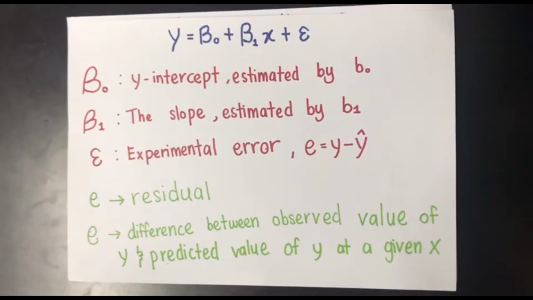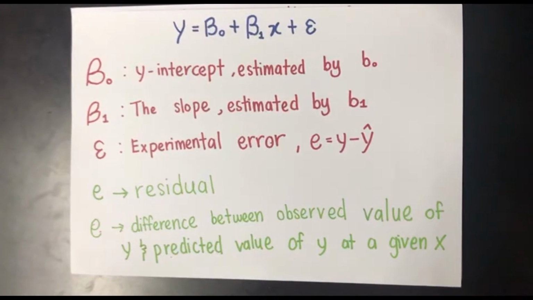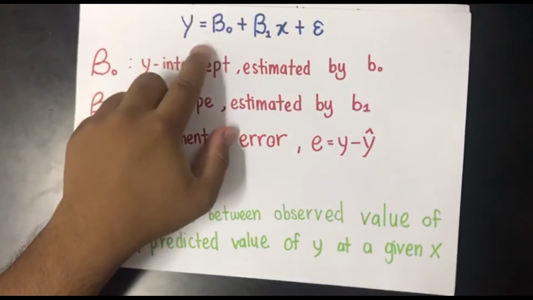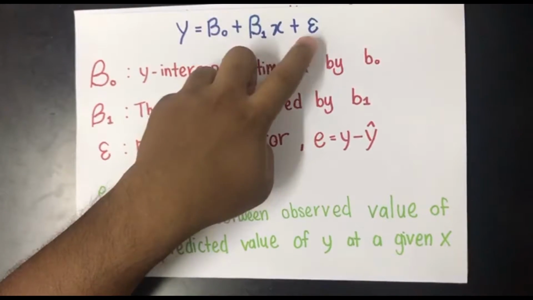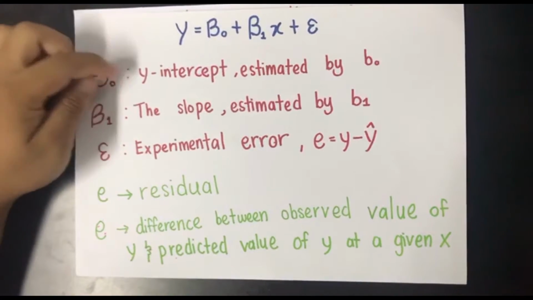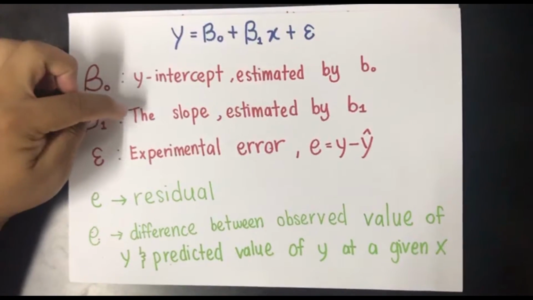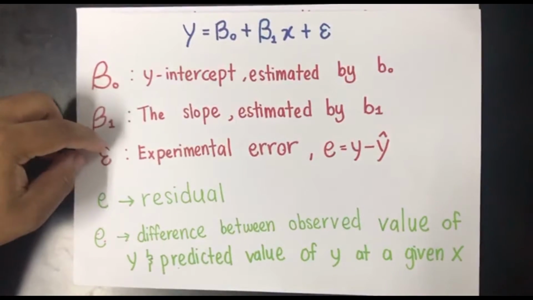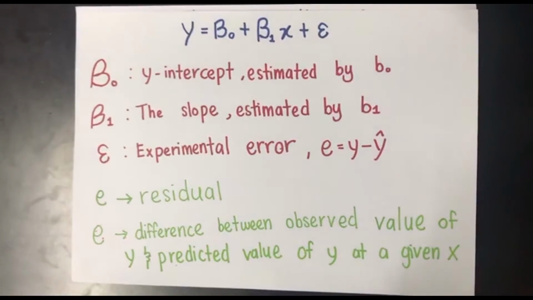So you must know the equation of the regression model, which is y is equal to b0 plus b1x plus e, and b0 is referred to y-intercept, b1 is referred to the slope, and e is referred to the experimental error.